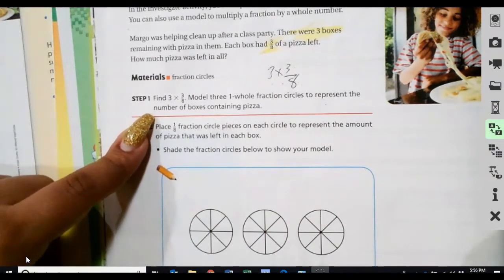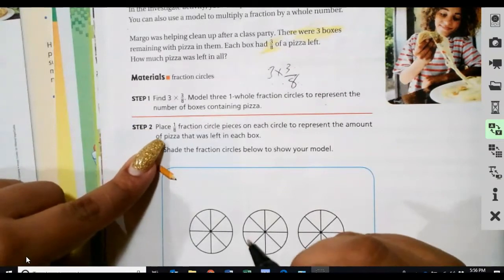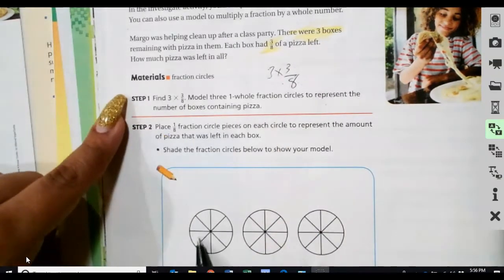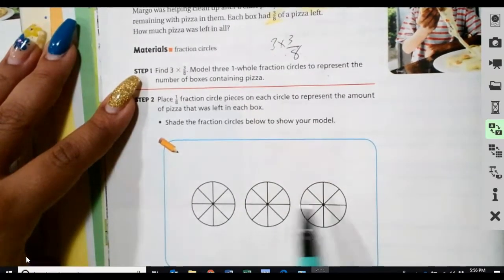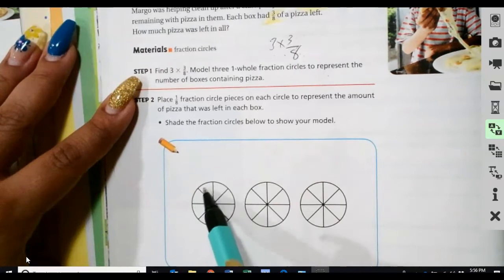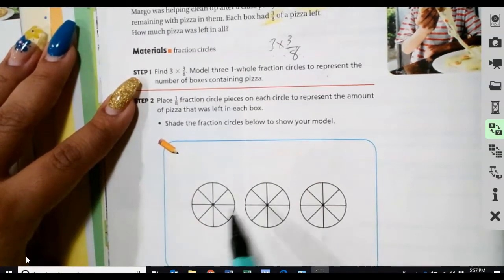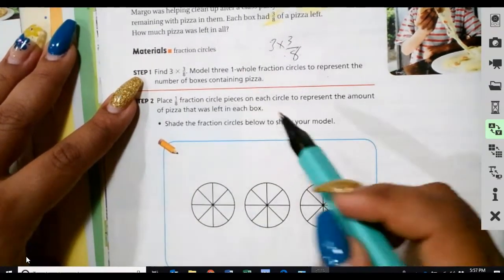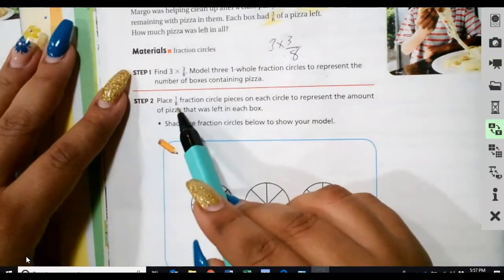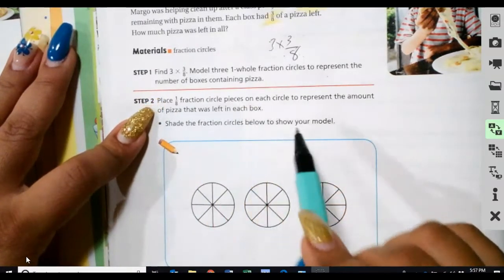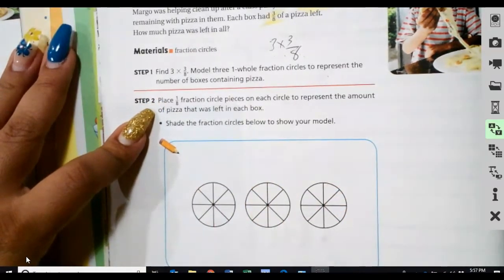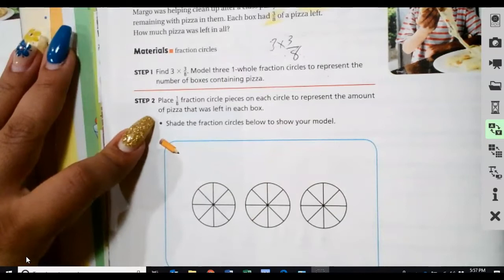So in this case, what we want to do is draw the model, and they drew it for you, right? You have a model with 3 pizzas, and they all have 8 pieces. 1, 2, 3, 4, 5, 6, 7, 8. Now we're going to place 1/8 fraction circle pieces on each circle to represent the amount of pizza that was left in each box.